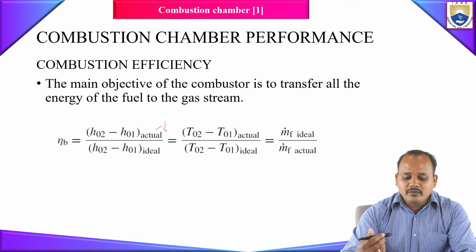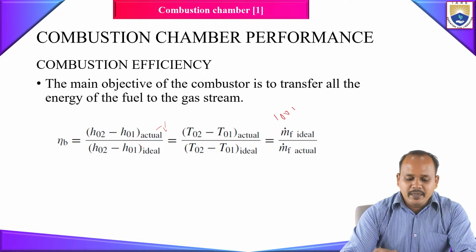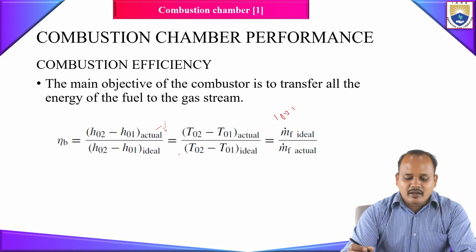But in an actual process, it may not have 100% combustion. So that will lead to a certain amount of loss. So the ratio between the enthalpy rise during your actual process and the enthalpy rise during your ideal process is what we call the combustion efficiency or burner efficiency.